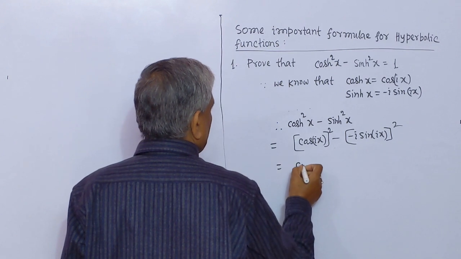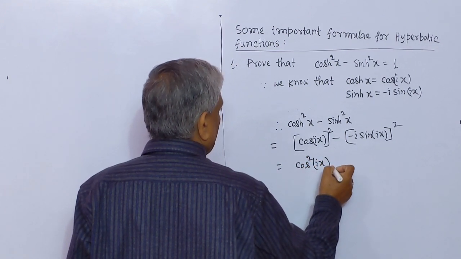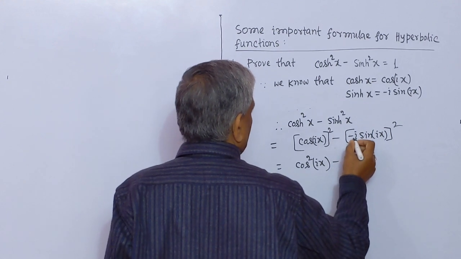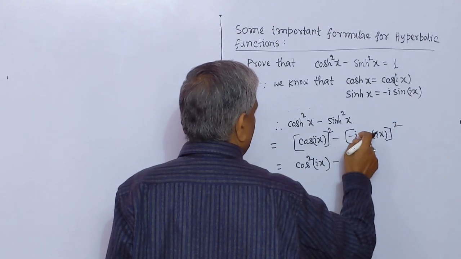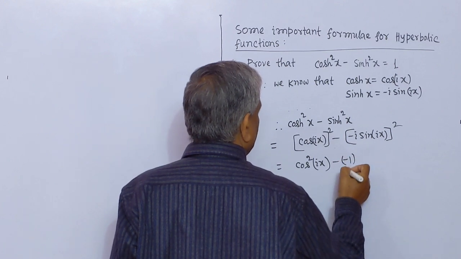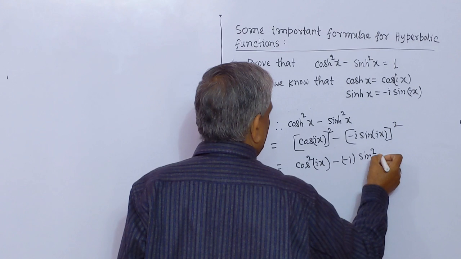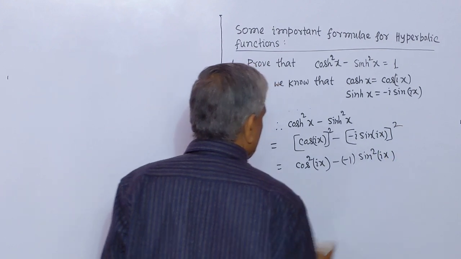This is cos square ix minus i square, and i square is minus 1, sin square ix.